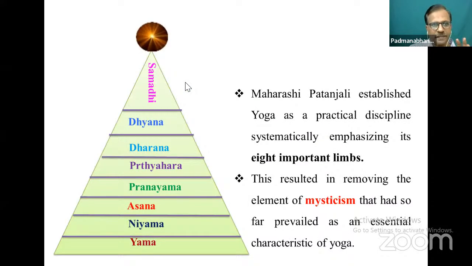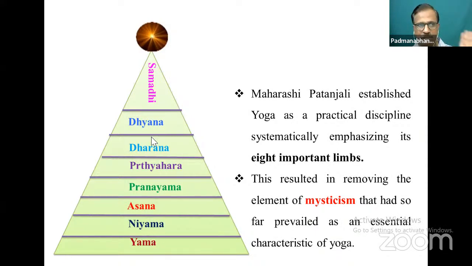And what was the characteristic of this Patanjala Yoga Sutra? He was the first sage. Before that, there was much mysticism, and some people practiced yoga for their own purpose, and they kept many elements of yoga top secret. He was the great saint who established yoga as a practical discipline, systematically emphasizing its 8 important limbs.